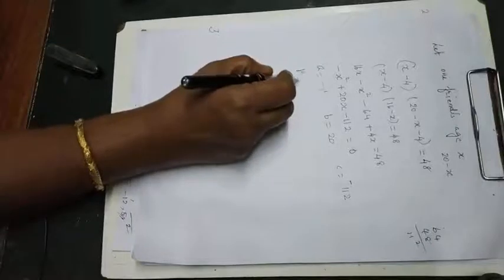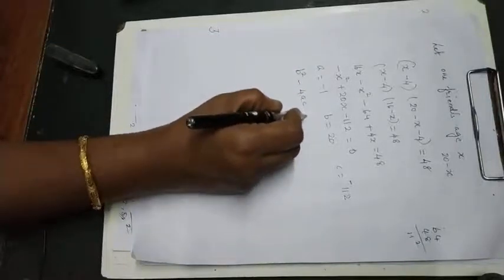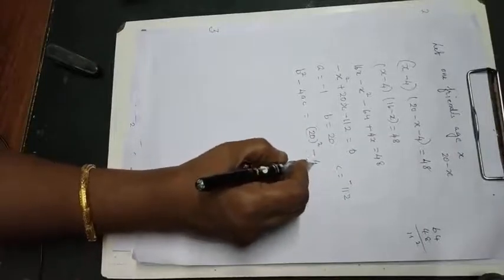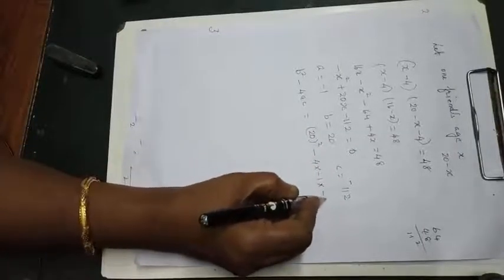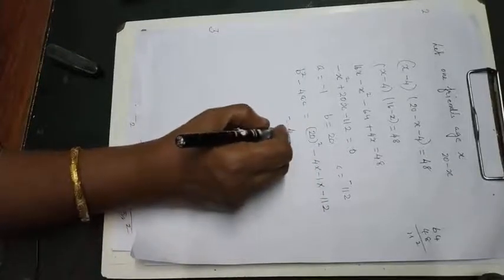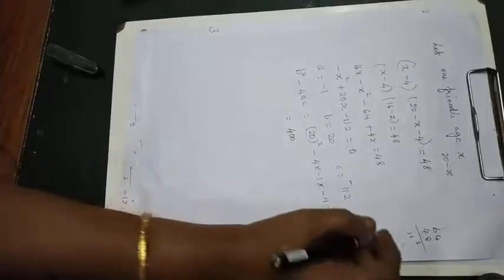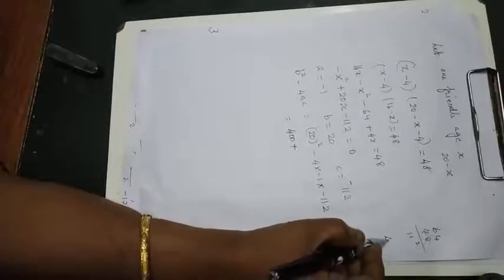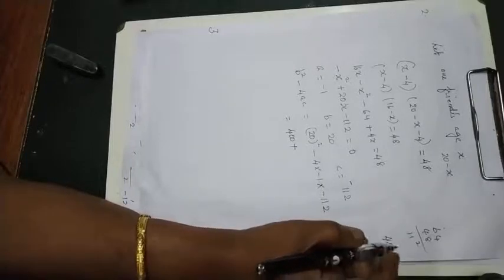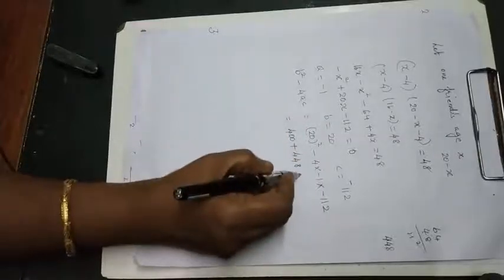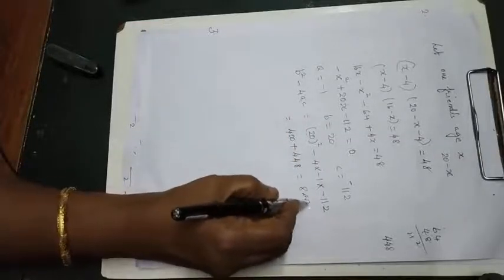So b square minus 4ac is 20 square minus 4 into negative 1 into negative 112. 20 square is 400, plus 448. Now it will be 848.